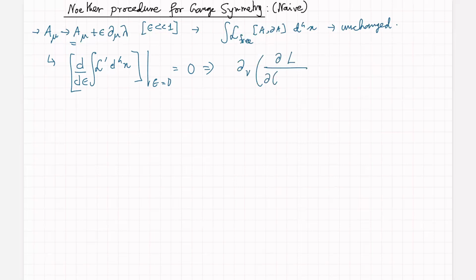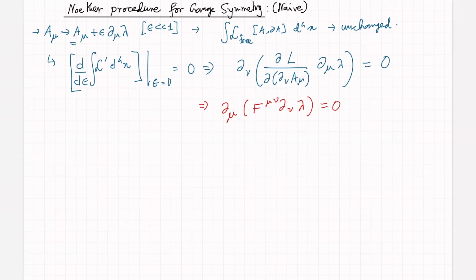So this will be del L over del (del_nu A_mu) times del_mu lambda, which is the delta A, and this has to be 0. You can quickly check yourself that with the Lagrangian that we had written a few slides back, this is del_nu of F^mu nu del_mu lambda equals 0.